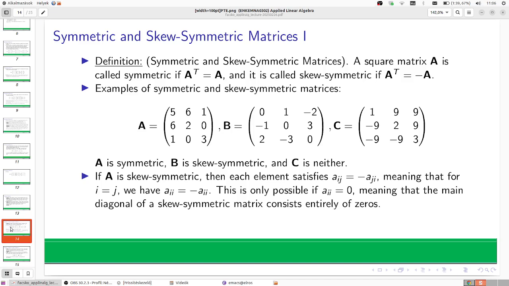A matrix is symmetric when the transpose of the matrix is the same as the original matrix. If the transpose is not the same but the opposite, so it's multiplied by -1, then we talk about skew symmetric matrices.